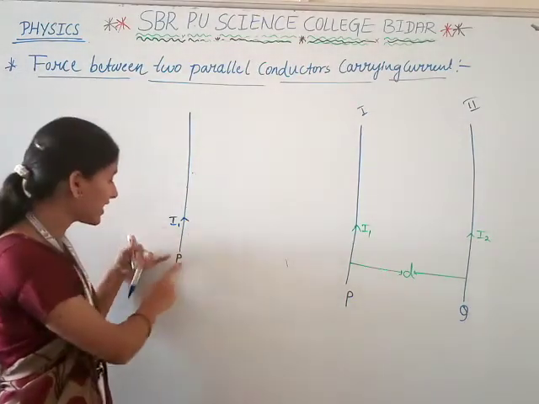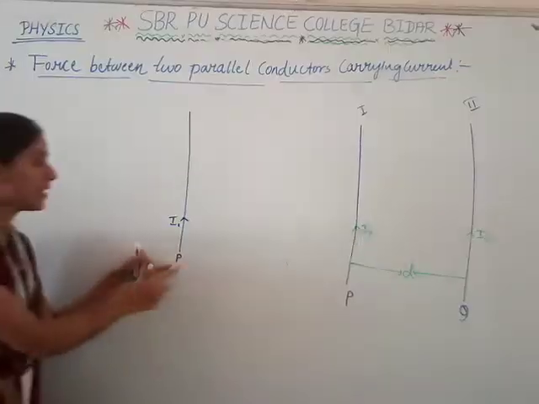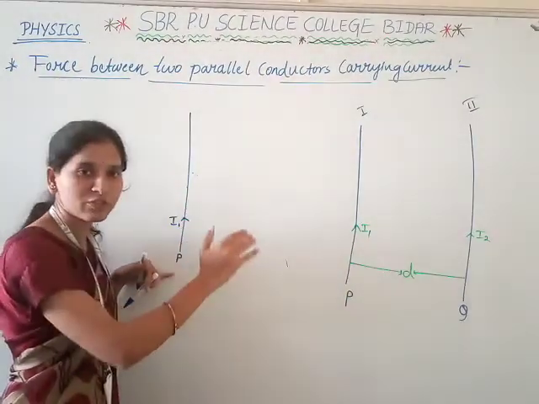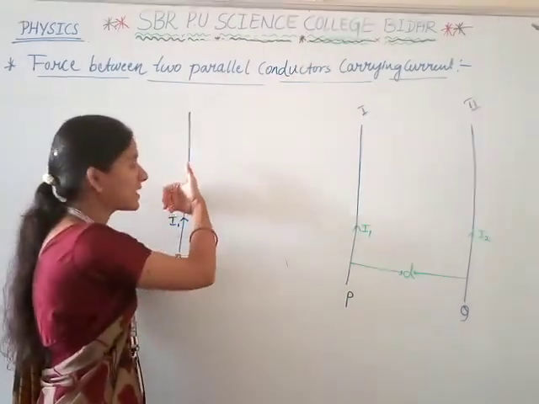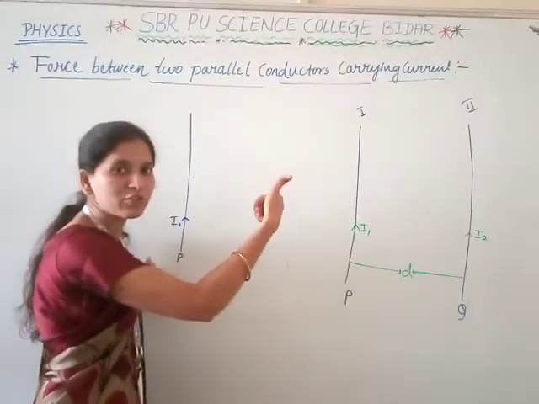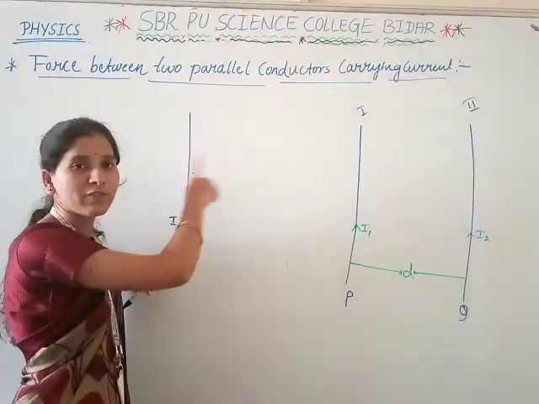When the current is flowing through conductor P, we apply Maxwell's right hand rule. The thumb is placed in the direction of the current and the curling of the fingers shows the magnetic field of the conductor.